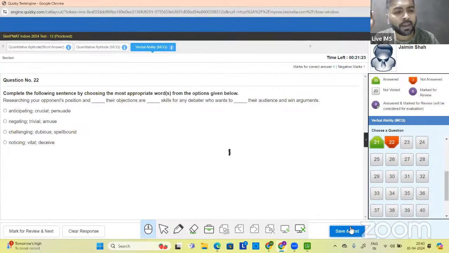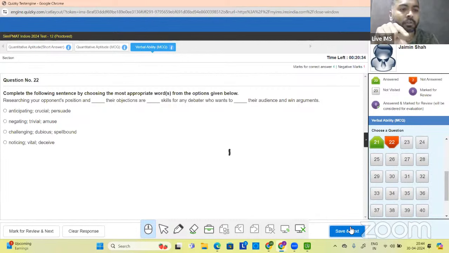Researching your opponent's position and anticipating their objections are dash skills for any debater. Trivial, not trivial for sure, dubious will not work. Vital is possible for any debater who wants to persuade their audience and win the argument.